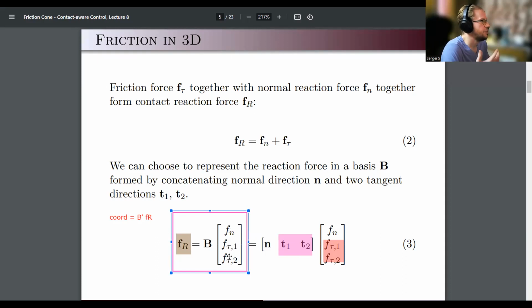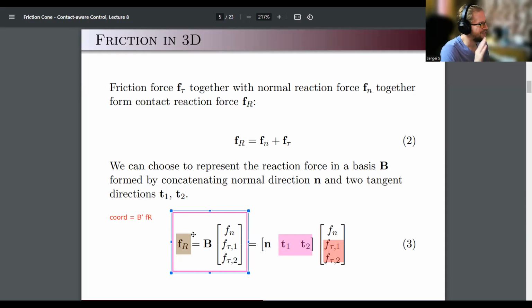But if in particular what we want is just F tau 1, F tau 2, we can use a selection matrix, which in the end is equal to multiplying both sides by the T1, T2 matrix, transposed of course.